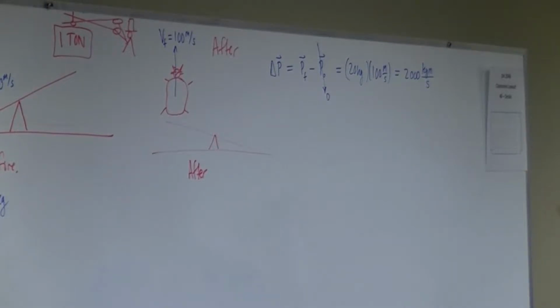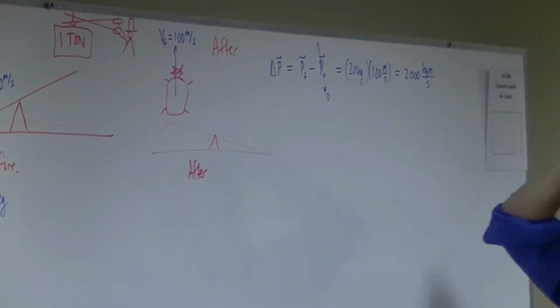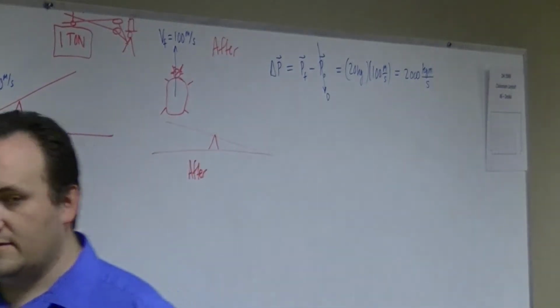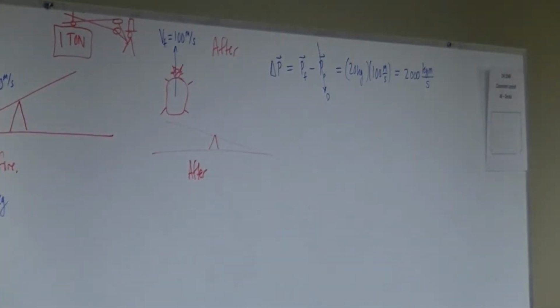Oh, okay, so where am I? Oh, yeah, 2,000 kilogram meters per second. Now, you can ask interesting questions like, what's the average force put on the cat during the catapulting? It depends on how fast it happens. If the catapult acts over a second versus a half second versus a tenth of a second, you'll get different average forces.